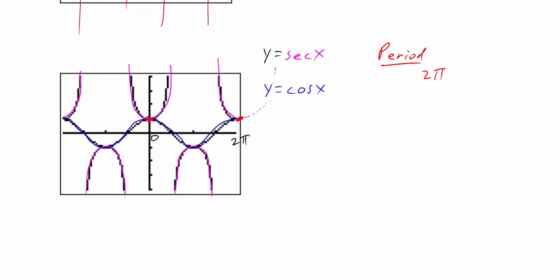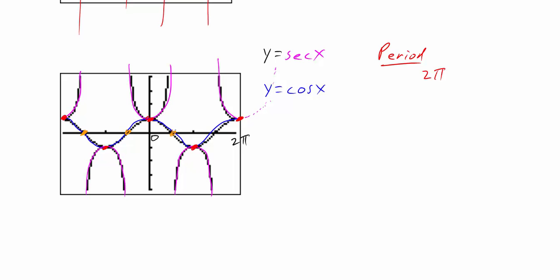And one thing to make note of is that the peaks and valleys of your cosine function are where the tip of the secant function is going to stop. And then of course we will have our vertical asymptotes at any point that touches here for the cosine function.